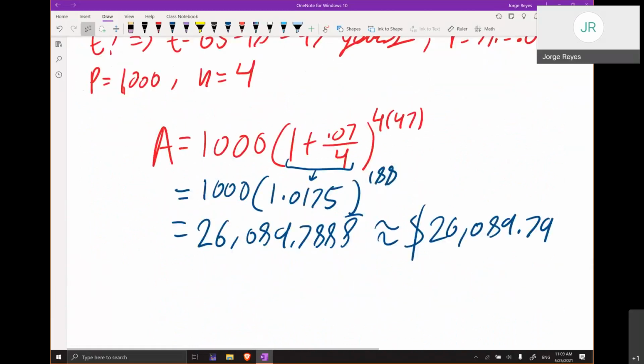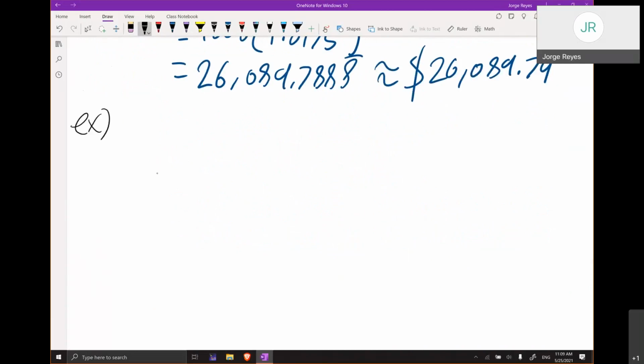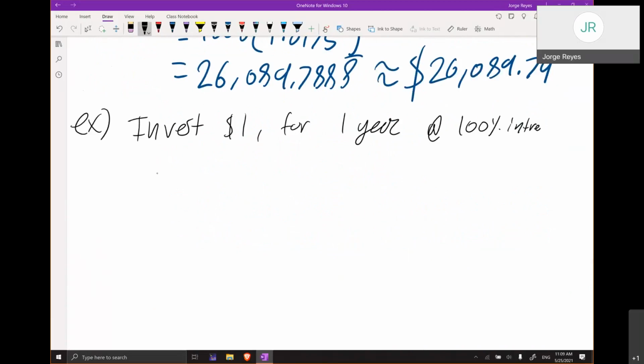Now, I'm going to do something a little strange. My next example is going to be a little interesting. I'm going to invest $1 for 1 year at a 100% interest rate. And what I'm going to change is how much I compound, because I want to show you the power of compounding.